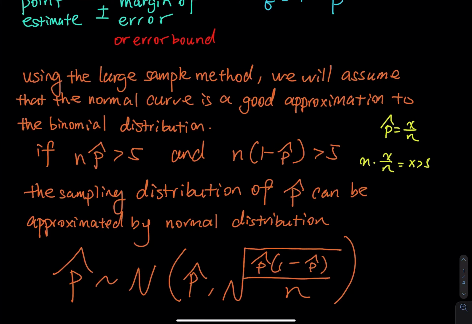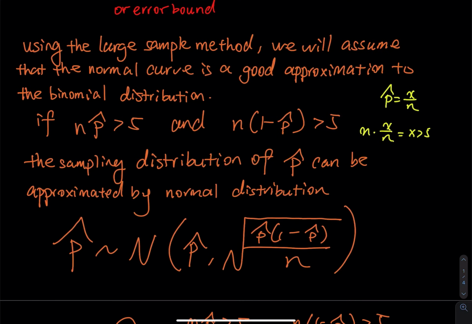And the following notation, some textbooks might ask you to put this on your paper. The sampling distribution of P hat follows normal distribution with a mean p hat and standard error, which is the square root of p hat times 1 minus itself divided by n.